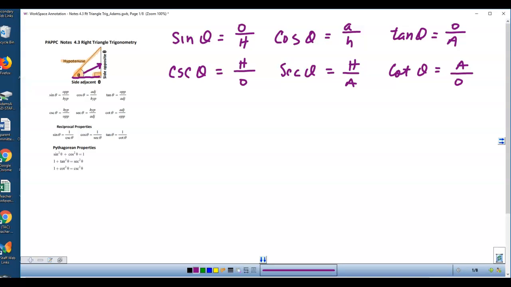If you're observant, I think you see the relationship here, right? If this is sine, then cosecant is its reciprocal. Sine was opposite over hypotenuse, so cosecant is hypotenuse over opposite. Cosine is adjacent over hypotenuse. Secant is hypotenuse over adjacent. Tangent is opposite over adjacent. Cotangent is adjacent over opposite.